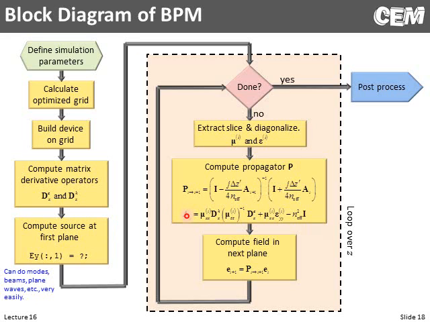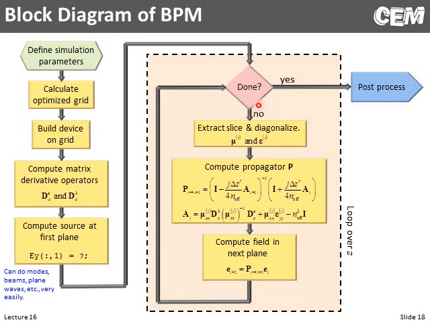So we can calculate I for the first slice and I for the second slice. Then we'll calculate a matrix propagator, which will take the field from the ith slice up to the I+1 slice. Once we have this matrix propagator, we just simply take the field from that first slice, in this case our source, and multiply it by that matrix propagator, and we get the field in the second slice. So we go ahead and store that in our grid.